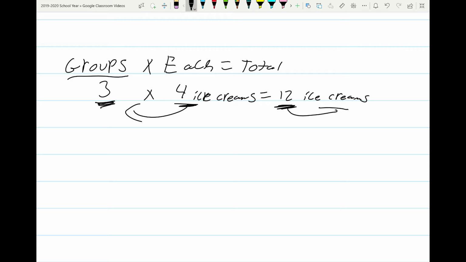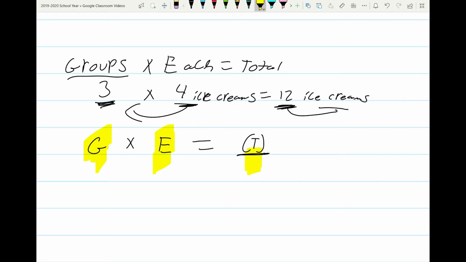So if I have the G and I have the E, but I'm missing the T, all right? I have the number of groups. For an example, they say I have 3 people, I have 4 ice creams for each, but the problem's asking, what's my total?